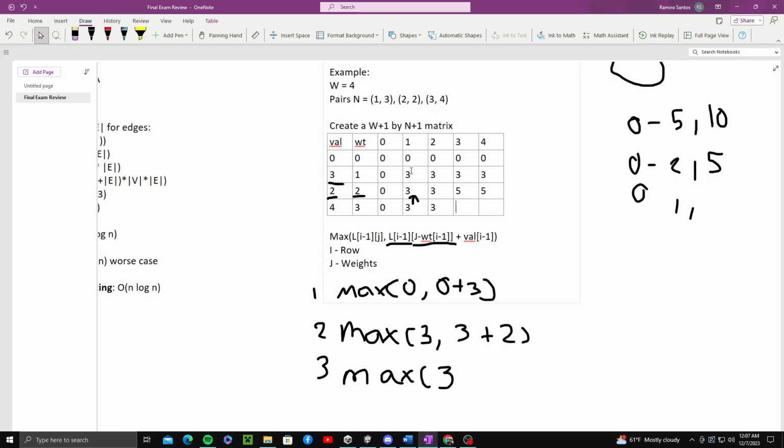We fit here, but there's an item above it, which is 5. And then remember, guys, we're gonna look up at this row, and then we're gonna subtract our current weight, which is 3, minus the weight of the item that we're currently at, which is 3, so it's 0.